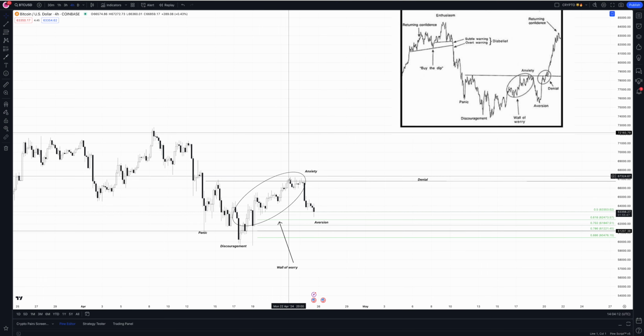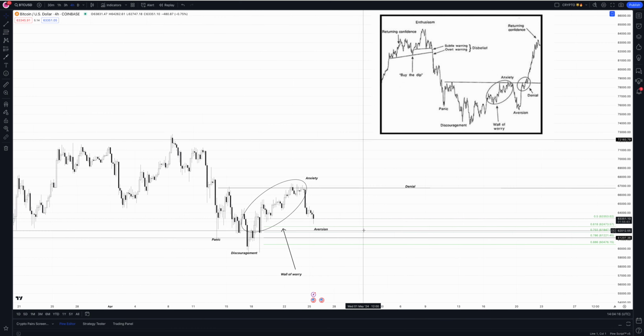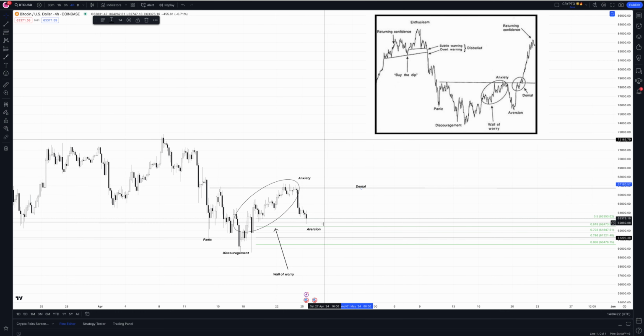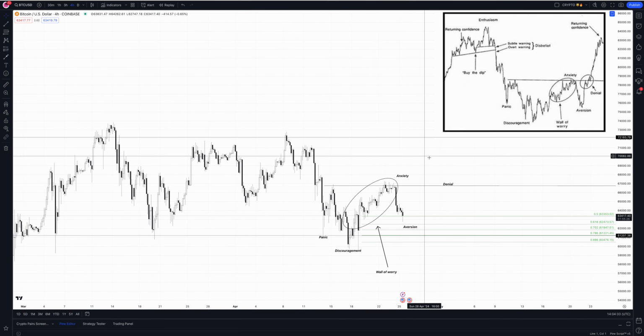It's going to have a continuation down below this low. But in reality, this looks like a bear trap. This looks like the aversion stage before we have denial once we get up above this $67,000 region. But yeah, this is pure YOF reaccumulation.